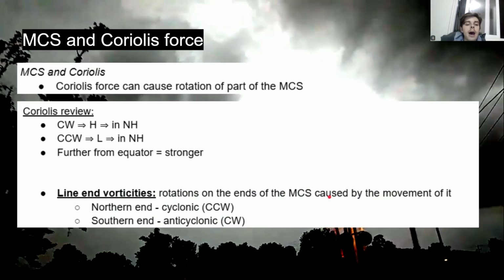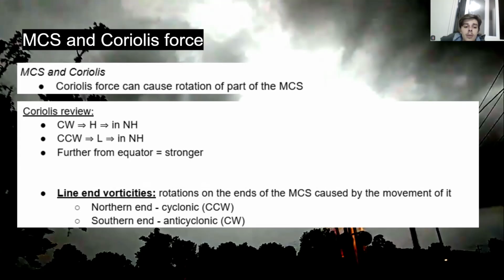Now let's talk about how the Coriolis force affects our MCSs. So just as a review, if you don't remember what this is, it is a force that results in a deflection of winds. It's caused by the Earth's rotation.